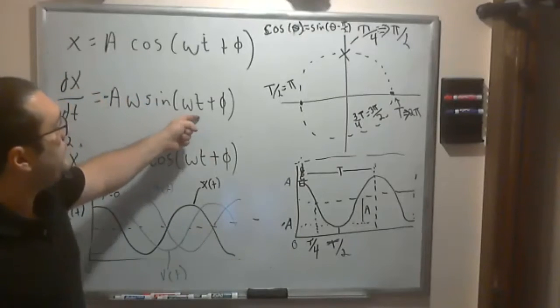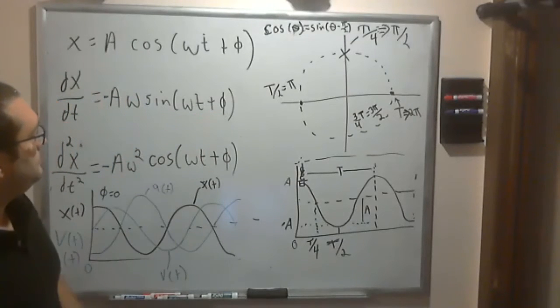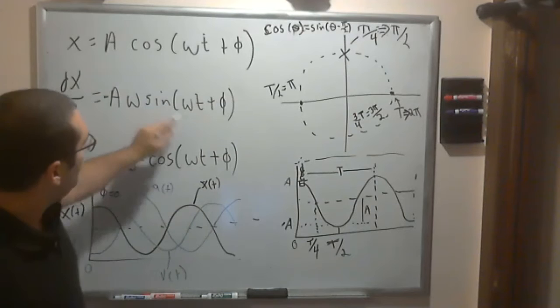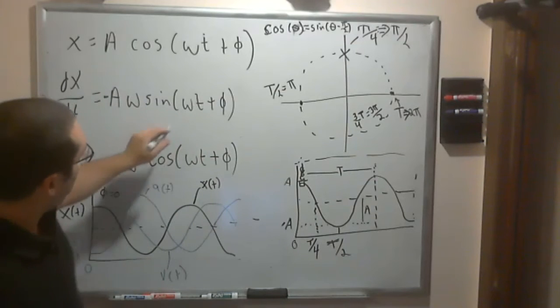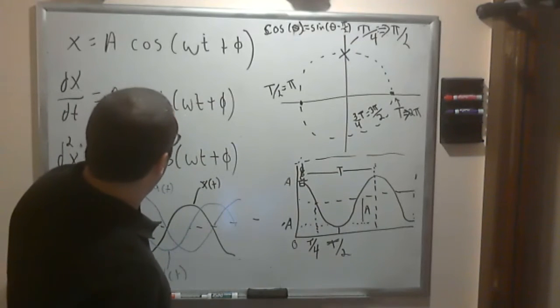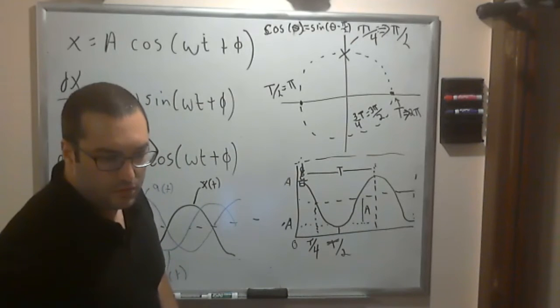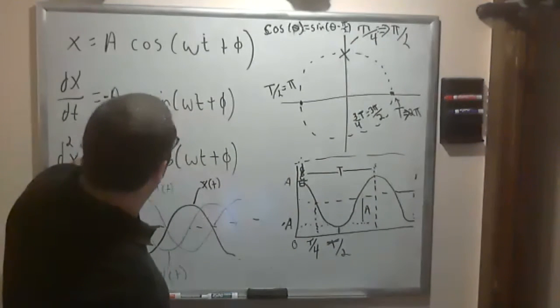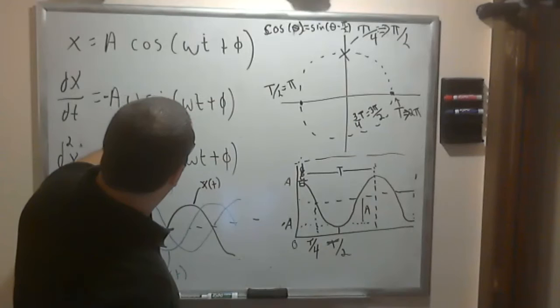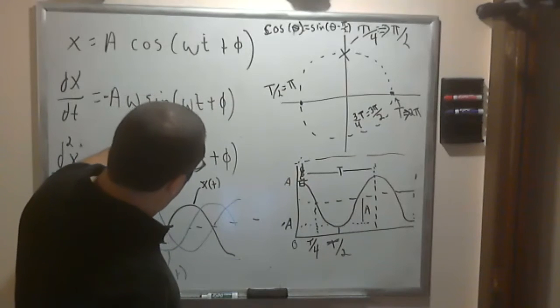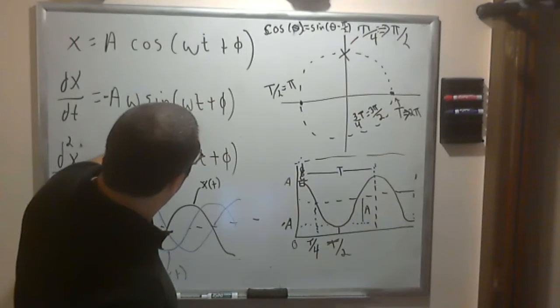So what are the units inside this trig function? So we have omega. That's radians over s, right?